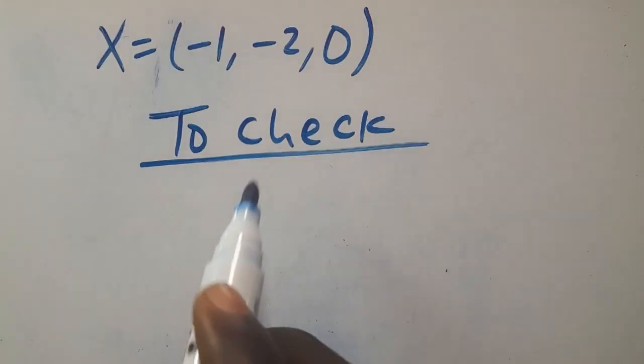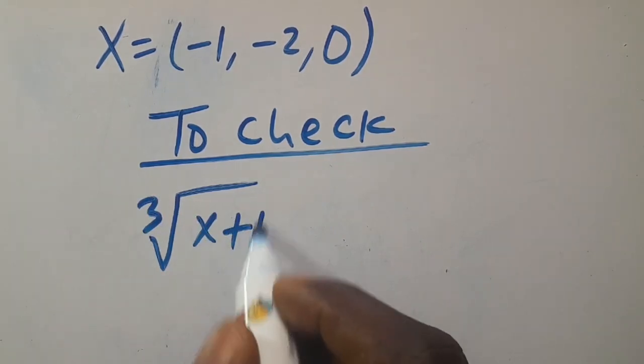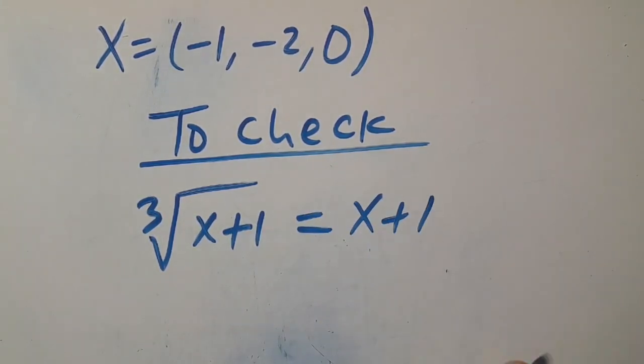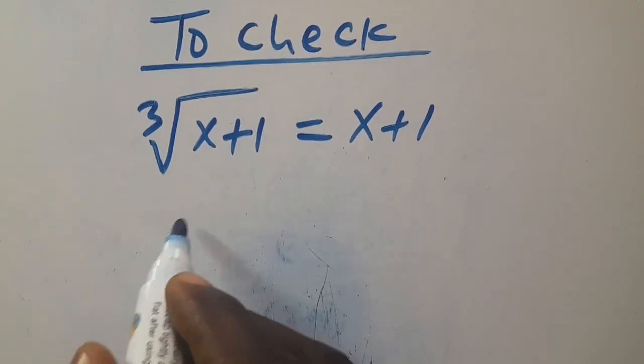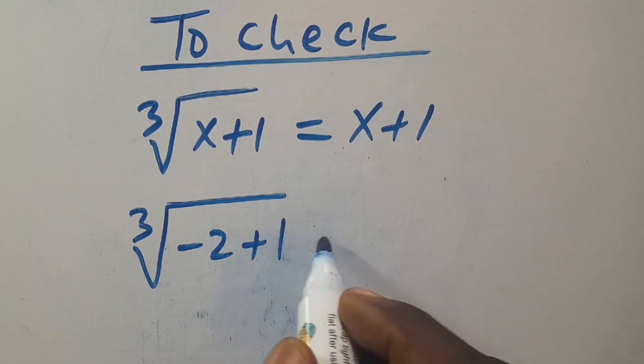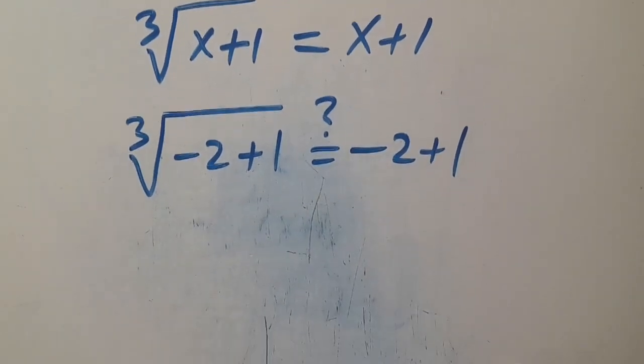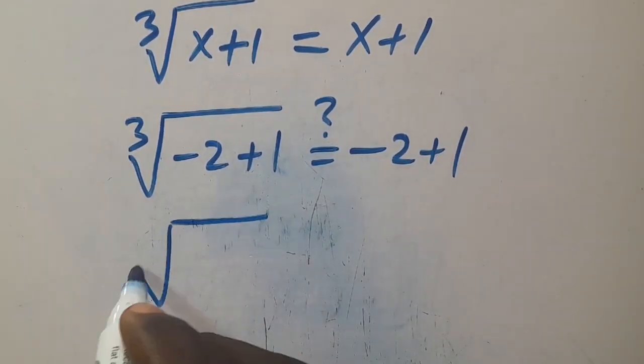So now let's also check for this minus 2. We have the cube root of x plus 1 equals x plus 1. So from here, we are going to have the cube root of minus 2 plus 1. Then it is going to give you minus 2 plus 1. So we have this to be cube root.